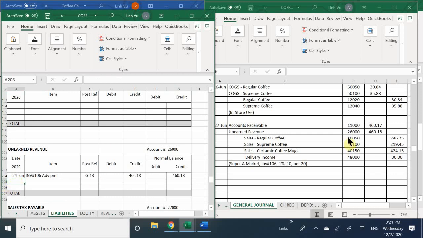You would probably just do the invoice 106. Okay, gotcha. 106. And that's General Journal 15. And then the debit column, it'll be the 460.18.